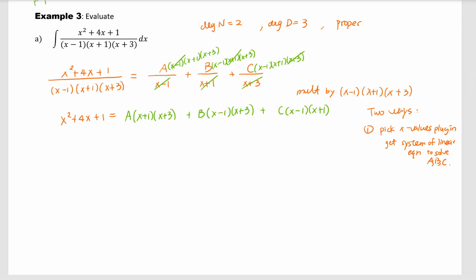So we need 3 equations to solve 3 unknowns. So we pick 3 x values to plug in, and then we can get 3 equations and solve the unknowns. This is the first way.